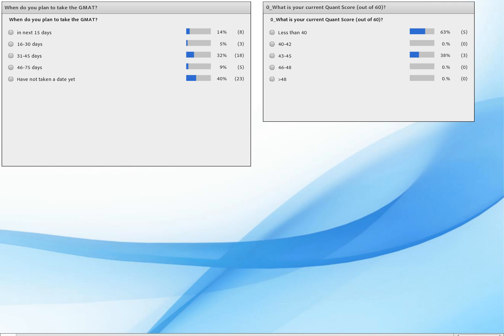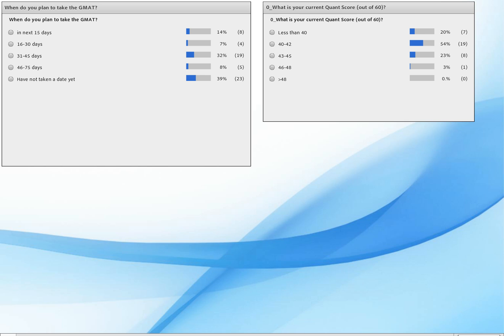But again, that would also mean that the numbers would not be representative. Okay, very interesting, because I see that a lot of you do not actually know your current quant score. So we'll come to that in a moment's time.